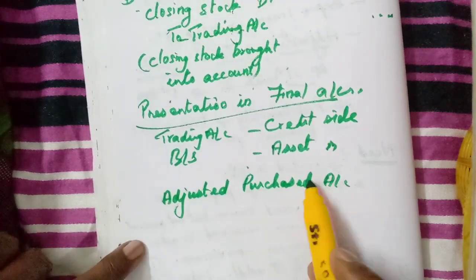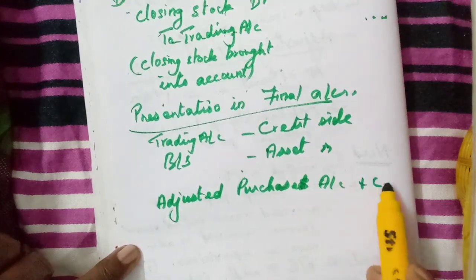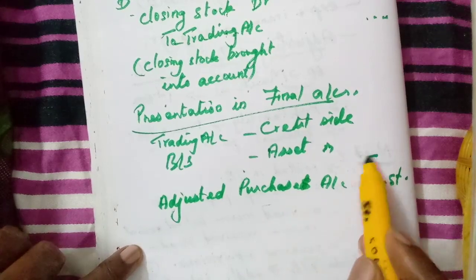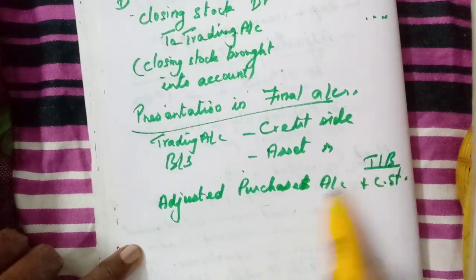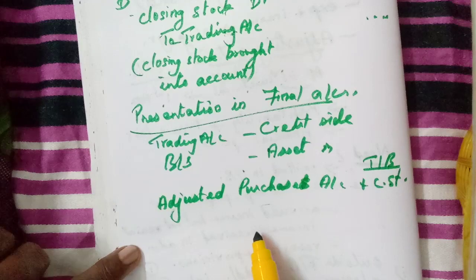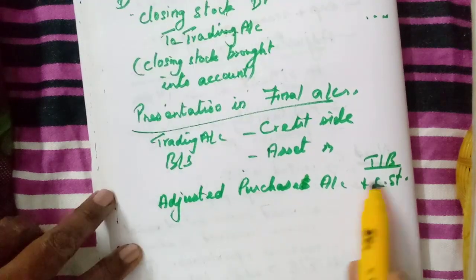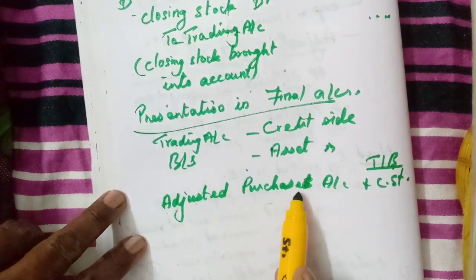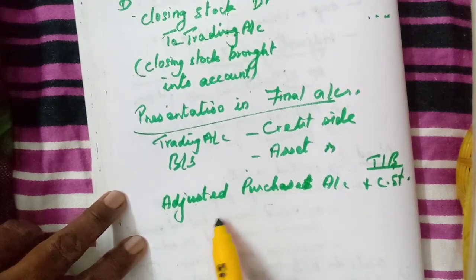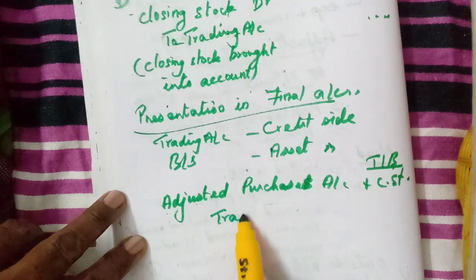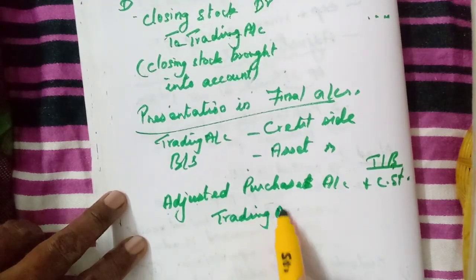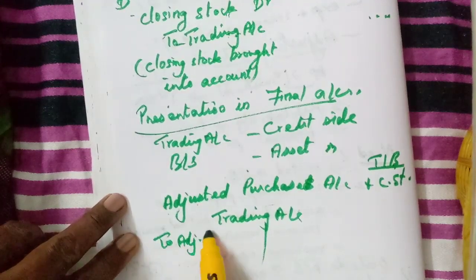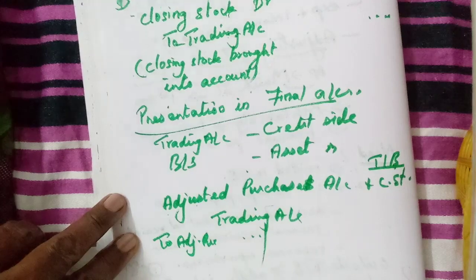Adjusted purchases account and closing stock will be given in the trial balance. In the trial balance it will be given. Okay, if they have given this one in the trial balance, this adjusted purchases account, where it will appear in the trading account. In the trading account to adjusted purchases account, we will write the amount.